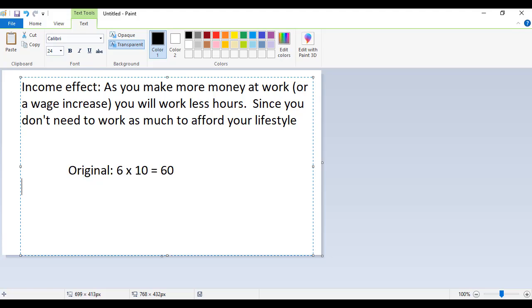However, you receive a raise, and now you make $12 an hour. So you only need to work 5 hours a week in order to afford your $60 lifestyle. You notice how now you just need to work less time because you have more money. So yeah, that's what the income effect is. And now let's describe the substitution effect.